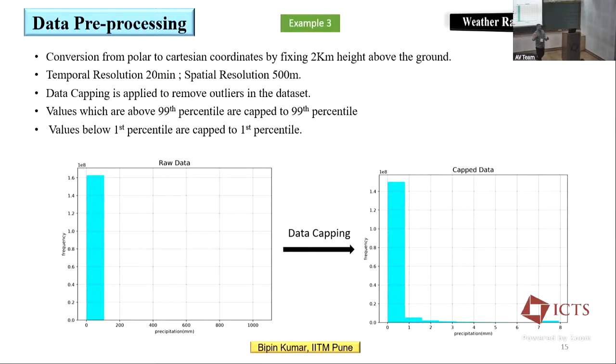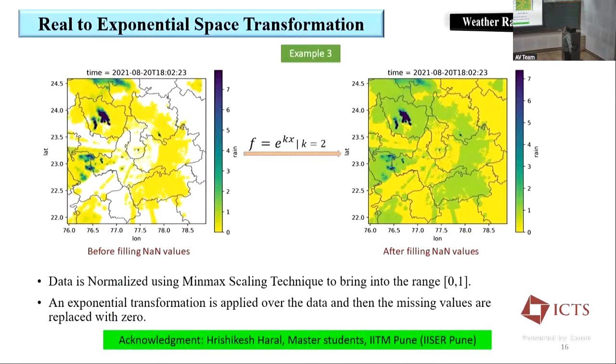So that means this data, you have to filter it out based on your problem statement. Finally we said, okay, the maximum data which we kept, we are finding from a particular range, 0 to 8 millimeters is reasonable for 15 minutes. So the first thing we have done is the data capping here.